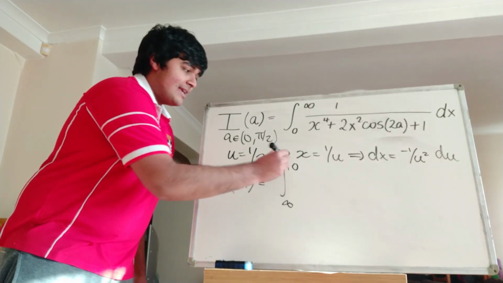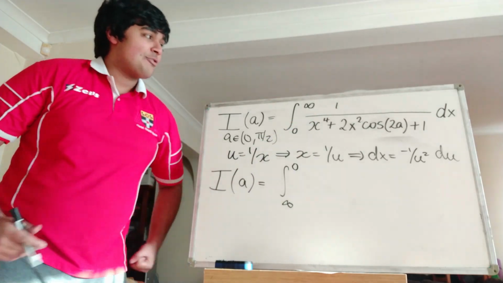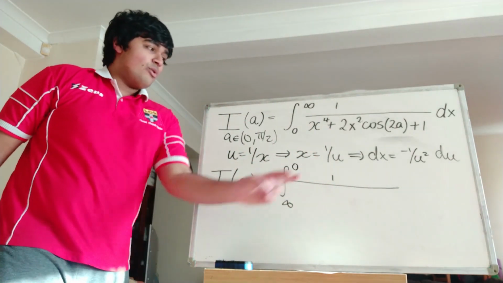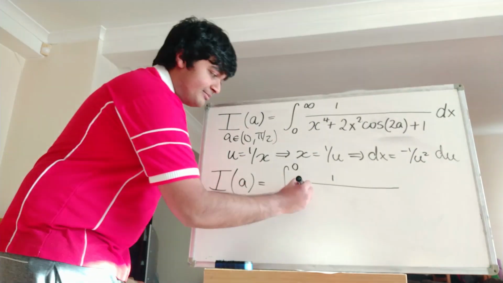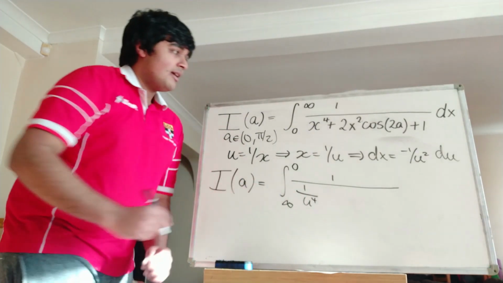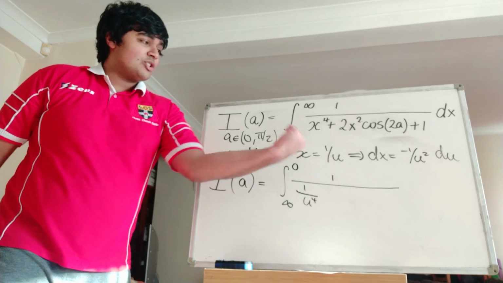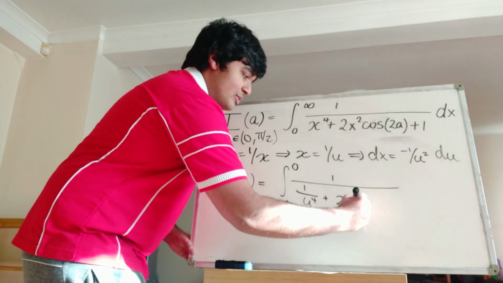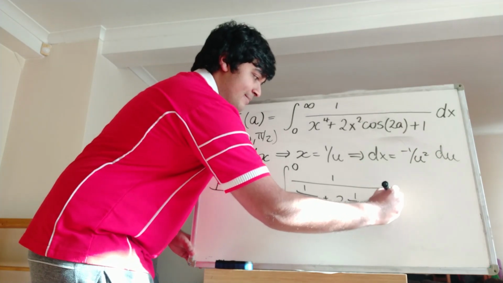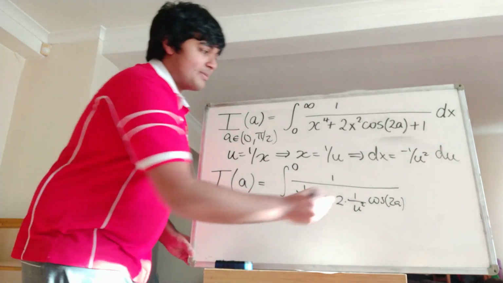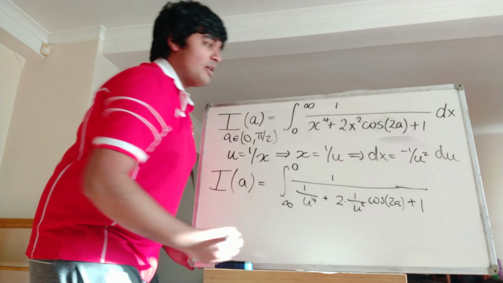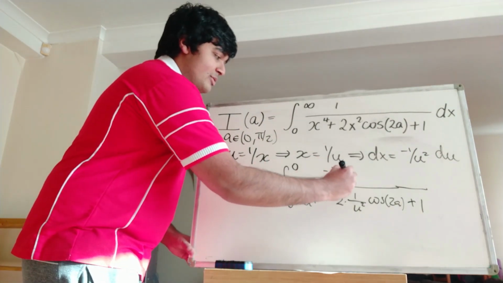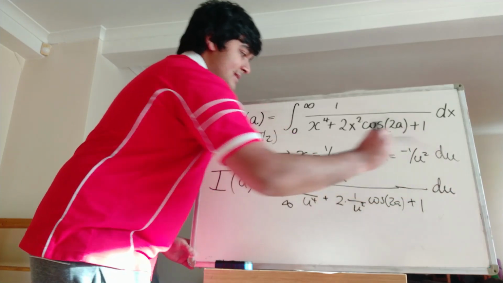For the integrand, the top still stays as 1, and the bottom, x to the 4, is just 1 over u to the 4. 2x squared becomes 2 times 1 over u squared, so plus 2 times 1 over u squared cos 2a, and then plus 1, and then dx we know is minus 1 over u squared du.